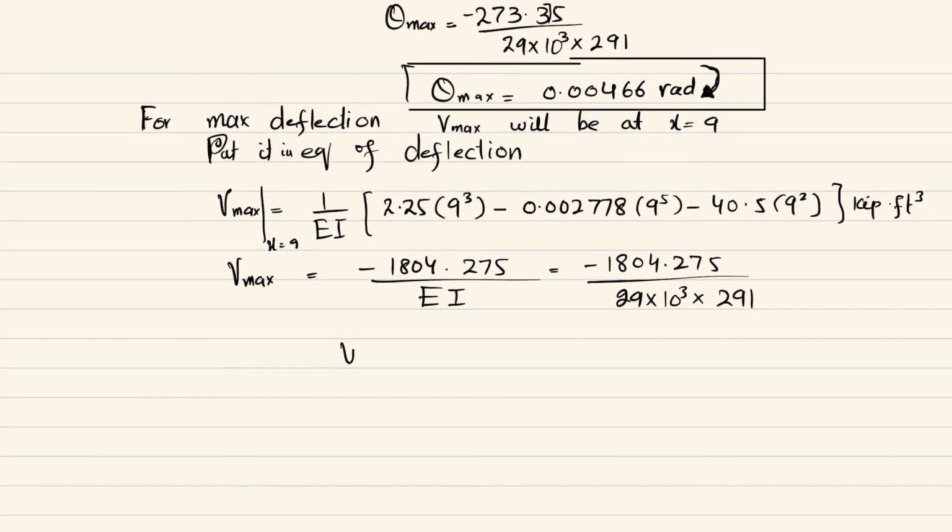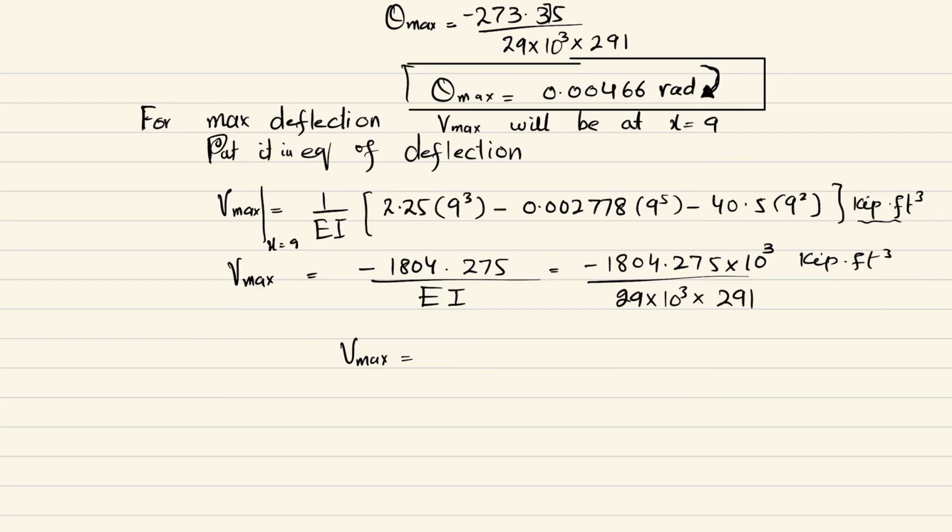Here the unit is kips into feet cubed, so you have to multiply by 10 raised to power 3 as well.